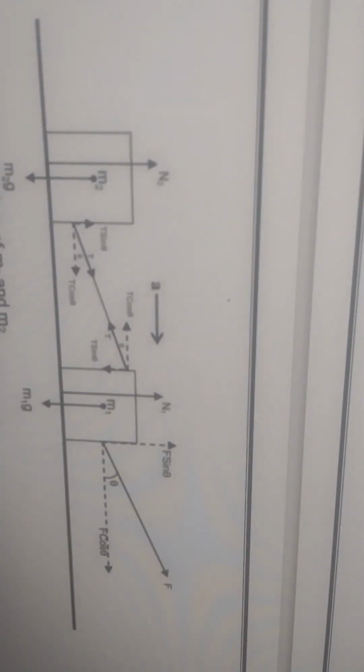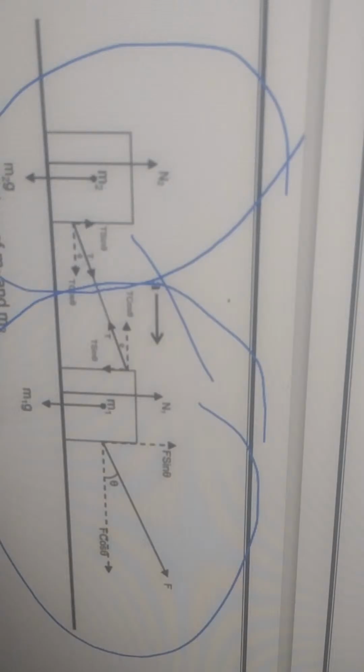Here, this is a tension, T. For this block, this area is to be considered. There are different areas for the different blocks.